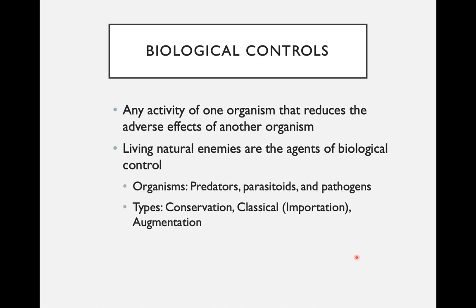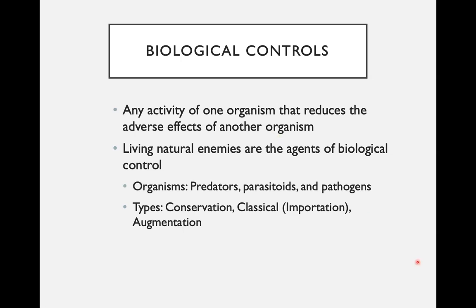In other words, we're using the activity of one organism to reduce the adverse effects of another. And these natural enemies do this by having negative effects on the growth of the pest, their survival, their dispersal, and their ability to reproduce.